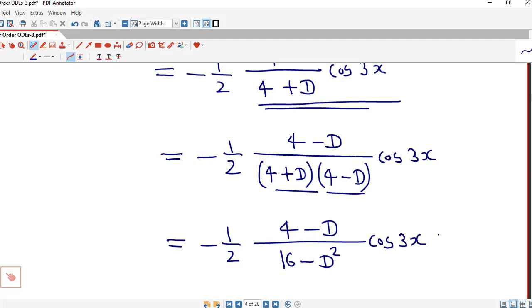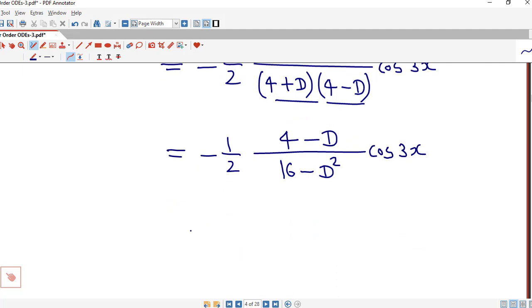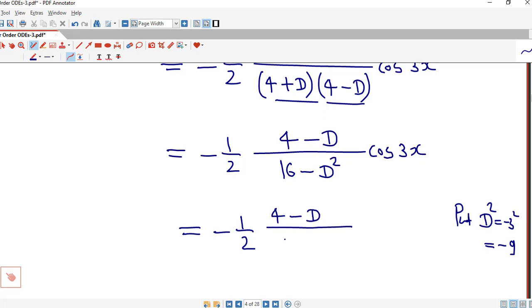Now again we put D square equal to minus of a square, that is minus of 3 square, which is minus 9. This we keep as it is, and here 16 minus D square is replaced by 16 plus 9.